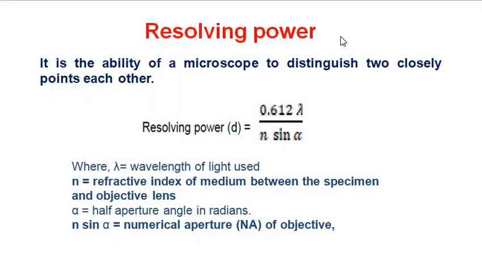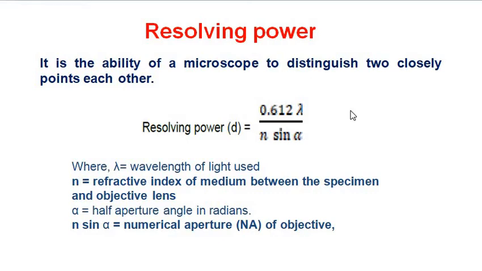And the resolving power. The resolving power is the ability of a microscope to distinguish two points close to each other. It is the basic property of the microscope optical system that can separate two closely spaced points, and the resolving power of a microscope depends on the wavelength of light and the numerical aperture of the objective lens.